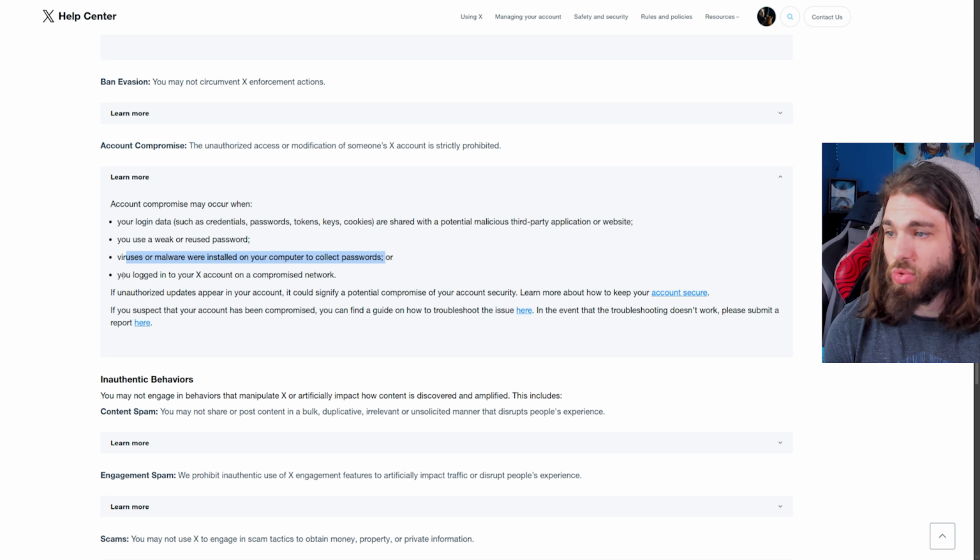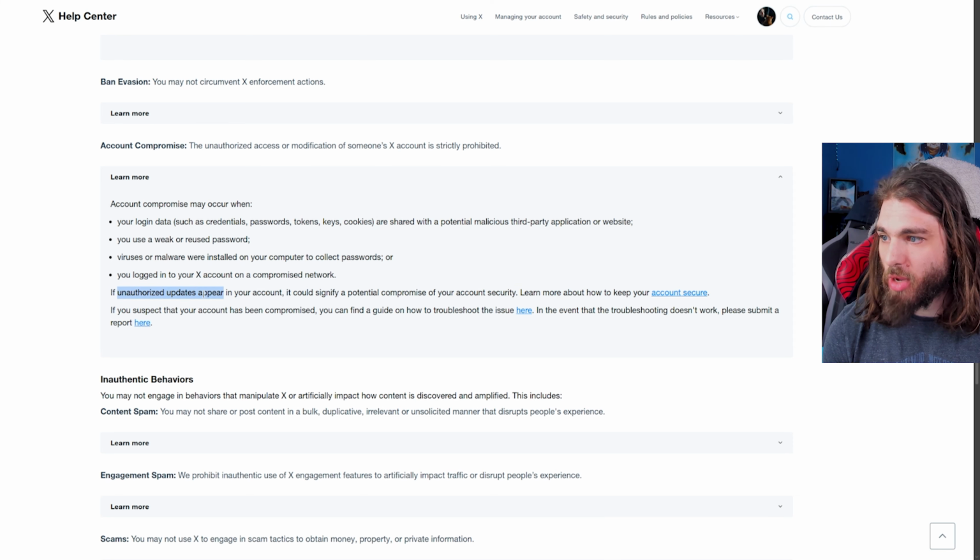I do not do that. You logged into your X account on a compromised network. I highly doubt I did that. If unauthorized updates appear in your account, it could signify a potential compromise of your account security. Learn more about account security. If you suspect that your account has been compromised, you can find a guide on how to troubleshoot the issue. I've already tried this. I did not get a compromised account.